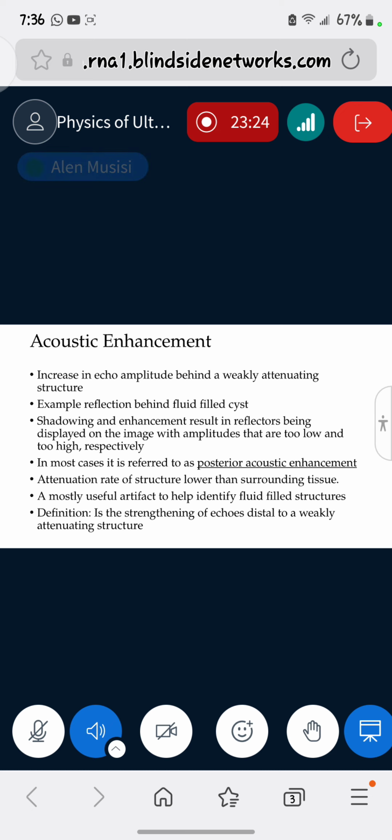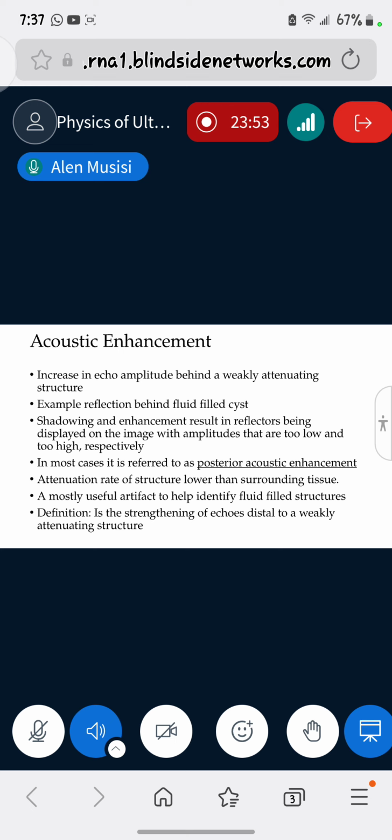So here you see an increase in echo amplitude behind a weakly attenuating structure, for example, behind a fluid-filled cyst. And it's a very useful artifact, especially when you're assessing fluid-filled structures, just like shadowing is useful when you are assessing highly attenuating structures like stones.